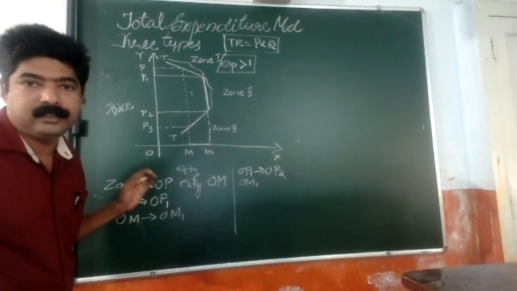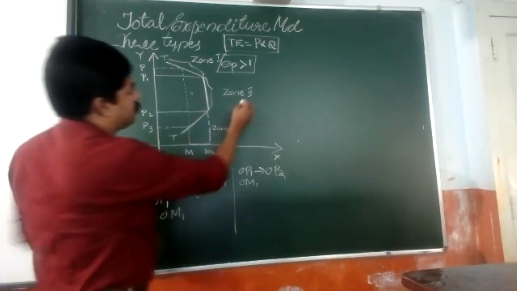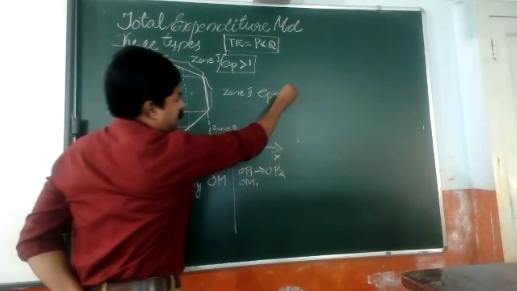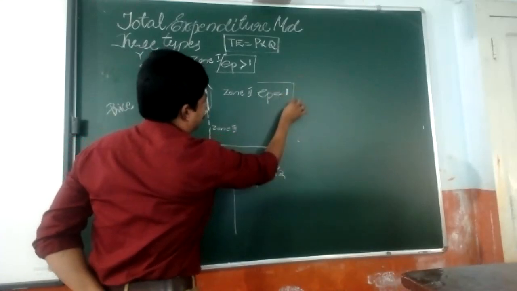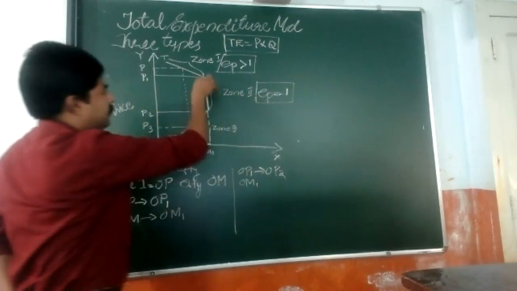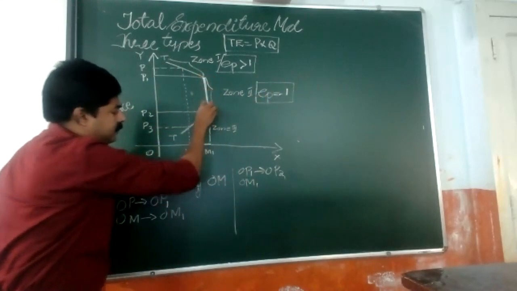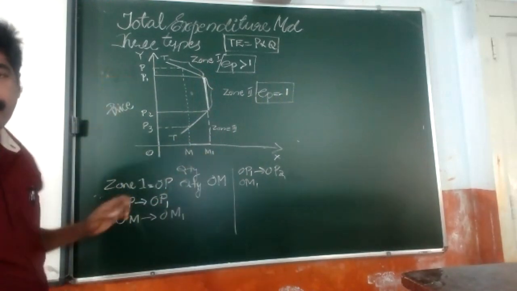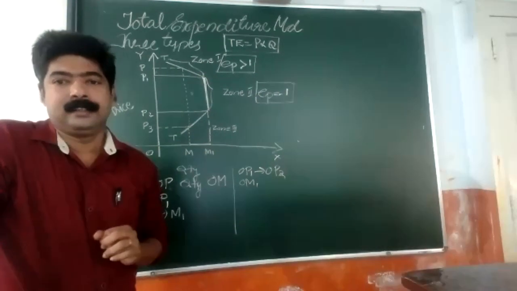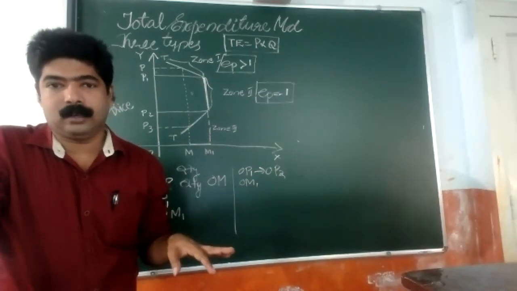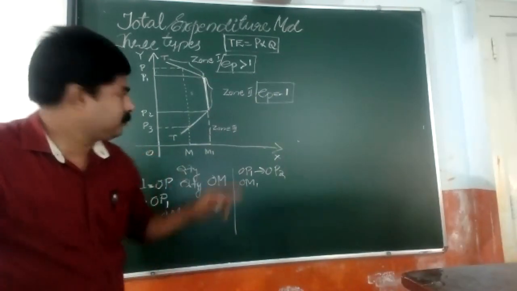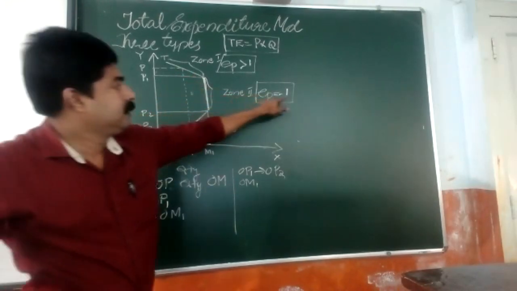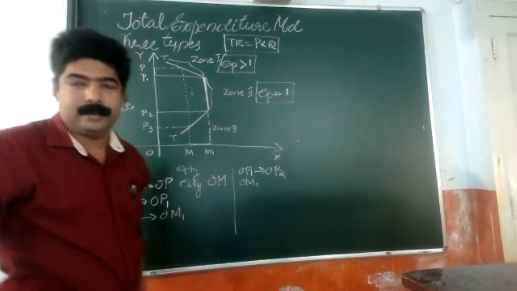That means in this zone the value equals 1. There is no change in the expenditure when the price changes. We have studied this in unitary elastic: total expenditure never changes. That means zone 2 is unitary.